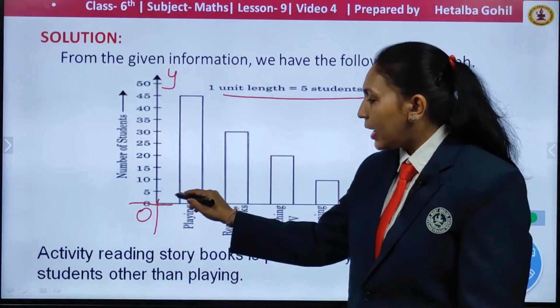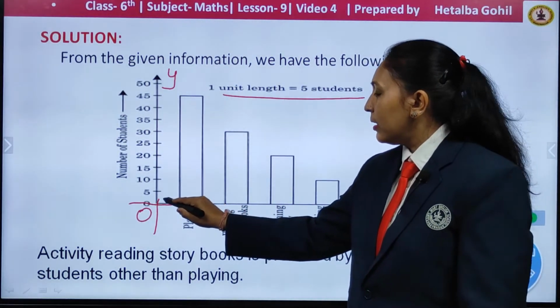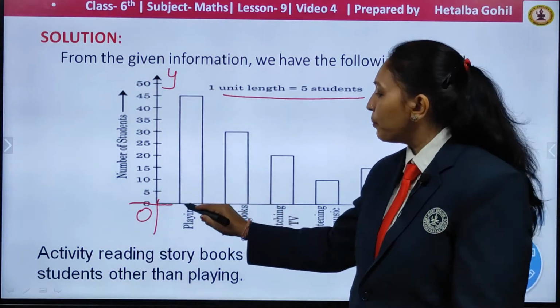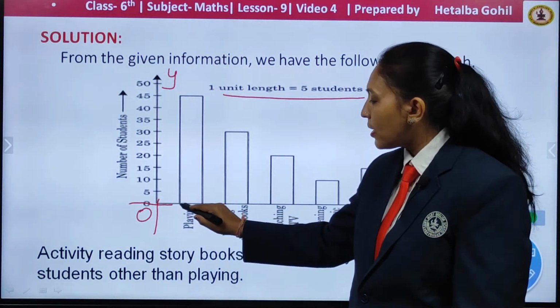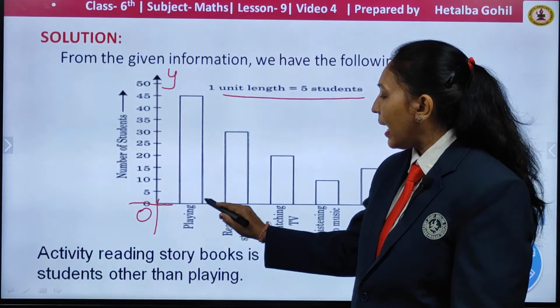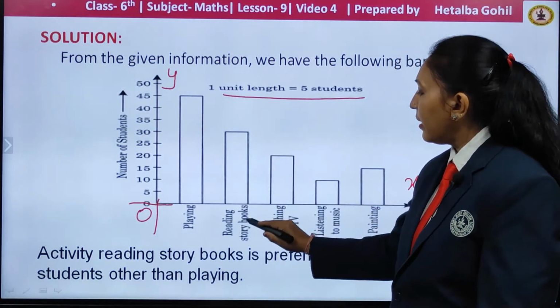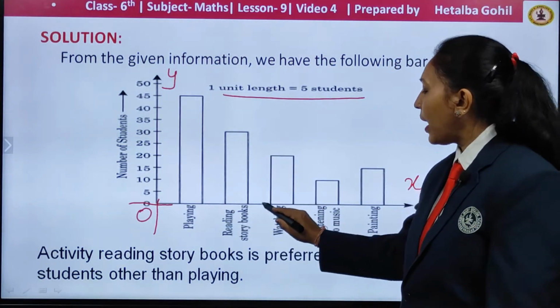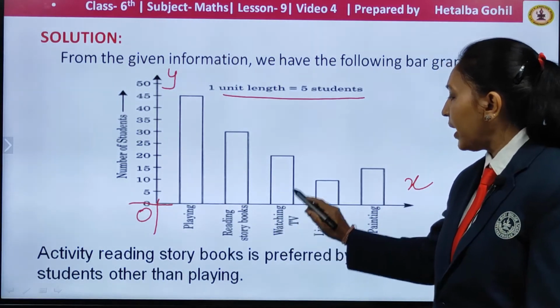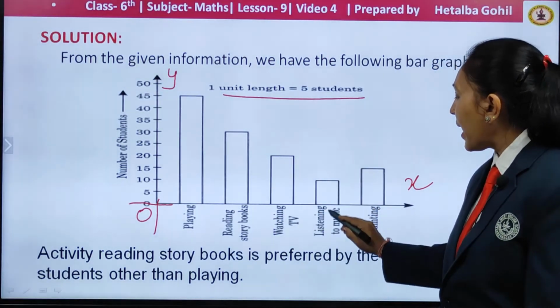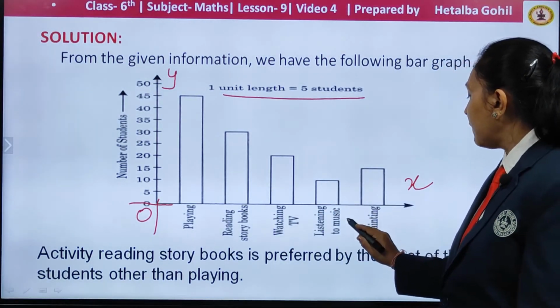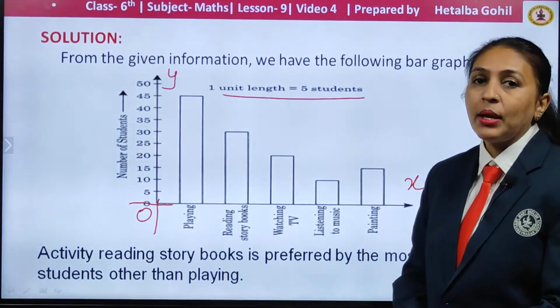So, leaving equal space between all the bars, you have to mark them. Leave the first box, then go for playing, again leave one box, then reading storybooks, leaving one box, mark watching TV, again leave one box, mark listening to music, and again leaving one box, last write painting.